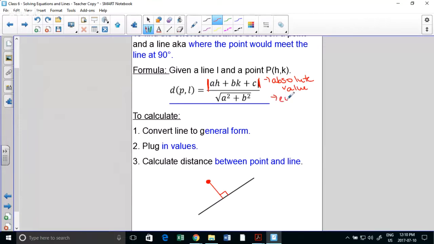Your solution is positive. Just a quick preview. When I do this addition, if it's negative, it doesn't make sense to have a negative distance. So those two lines just say, okay, you're going to turn it to positive because distance has to be positive. Okay?